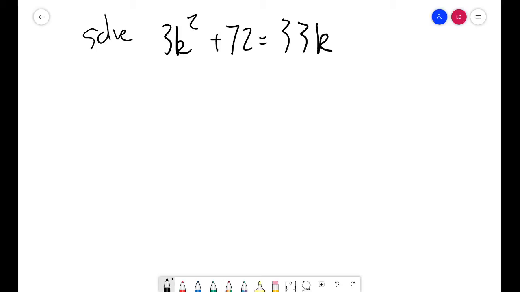We want to know for what values of k is there a balance, an equivalency here, between 3k squared plus 72 and 33 times k. Like for what k's are both of those sides going to be the same number? So we can start to maybe speculate. You can try out some different numbers and get a sense. You might even find the right answer or a right answer in the testing phase.